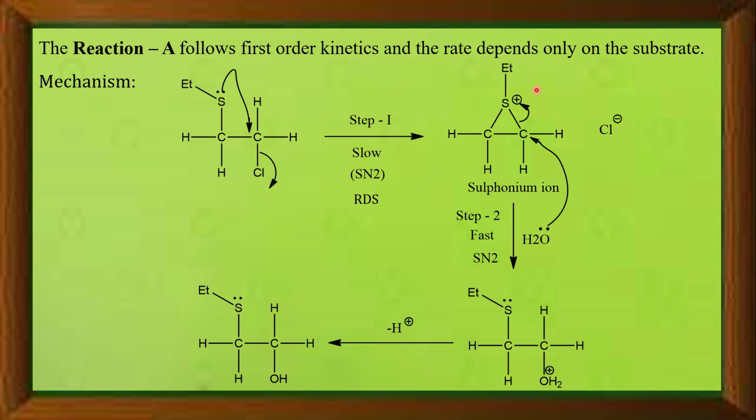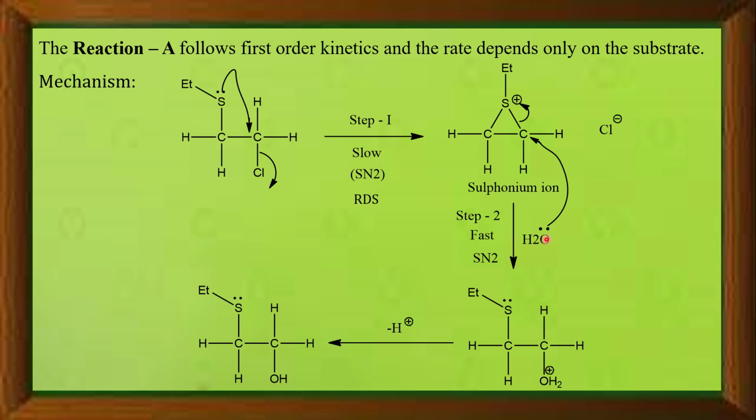And now once the sulfonium ion is generated, sulfur, an electronegative atom, is holding positive charge. Therefore, in order to neutralize sulfur, this bond has to go back at a faster rate. Now this nucleophile attacks at the backside of this ring, which is again an SN2 reaction.